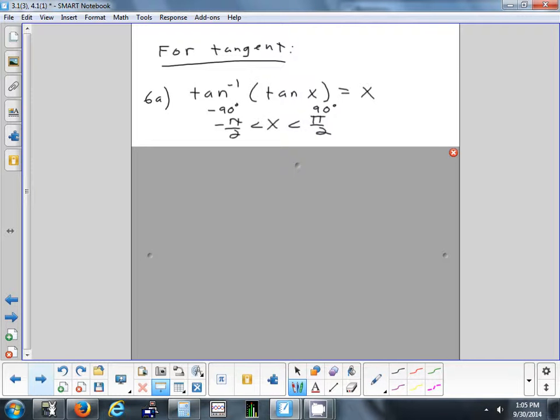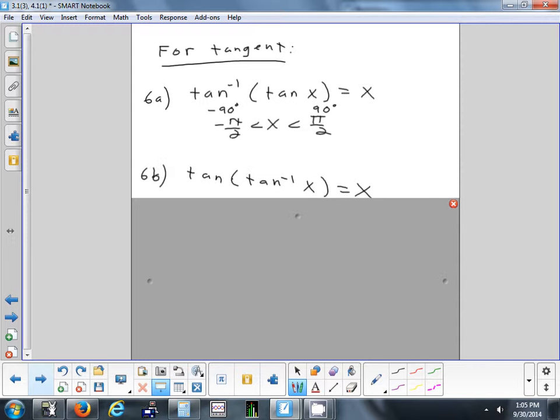Okay, so that's our restriction on formula 6a. And then formula 6b, you get the tangent of the inverse tangent of x equals x. Just like the other two formulas, this has to do with how high and low the graph of tangent goes.